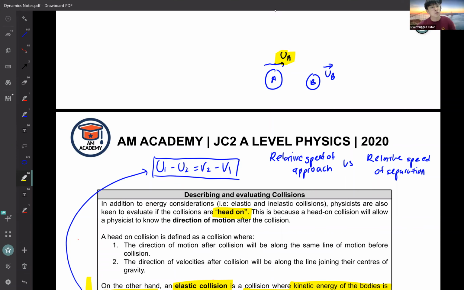So UA catches up with UB. If you think about the relative speed of approach, it's basically how fast A is moving relative to B so that it can catch up. In other words, the relative speed of approach should just be UA minus UB. That's how much faster A is moving relative to B, and therefore it's called the relative speed of approach.